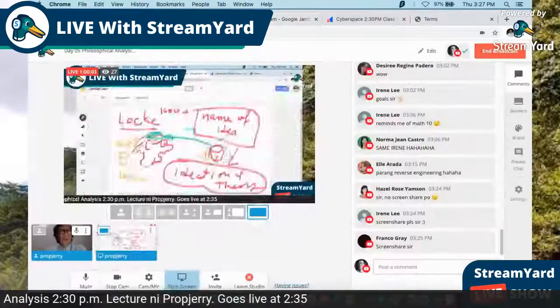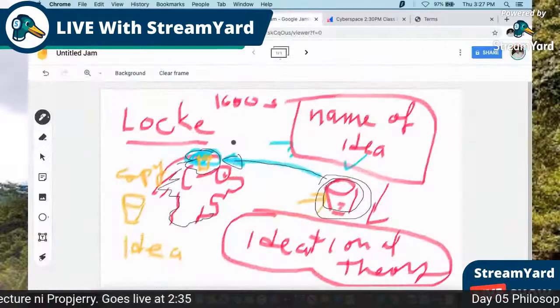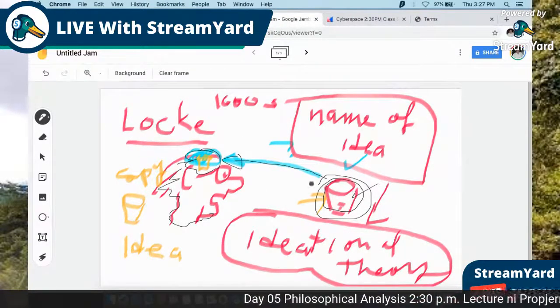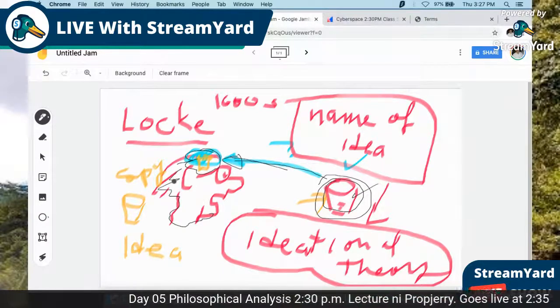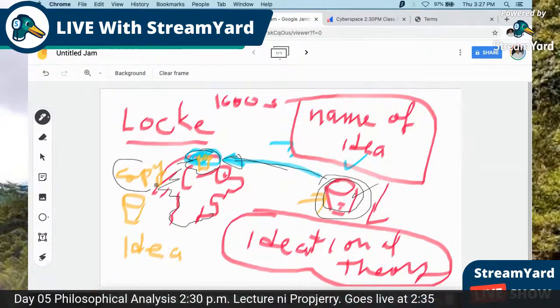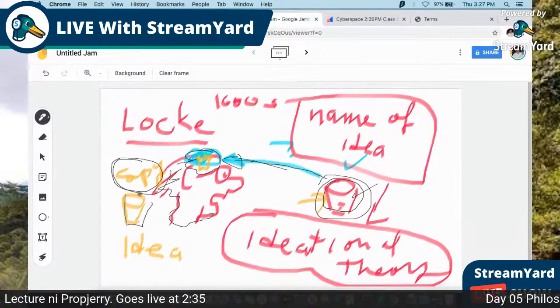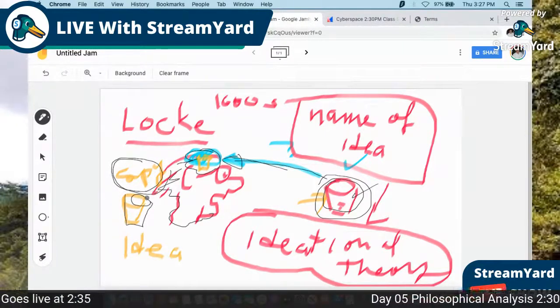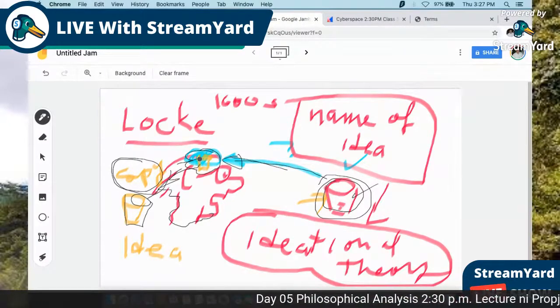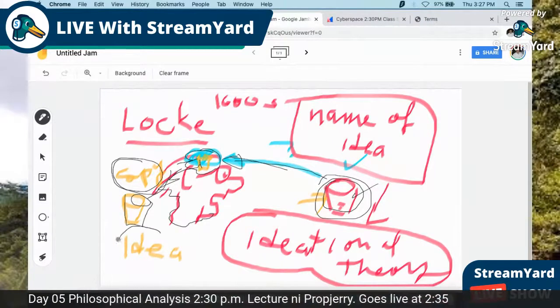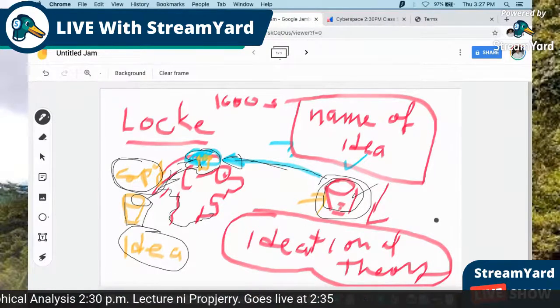When he thinks about the glass of water in his mind, it is not the glass of water that goes into his mind. Rather, he makes a copy of the glass of water, and that is the copy that goes to the mind, not the object. The copy is what we call the idea of the glass of water.